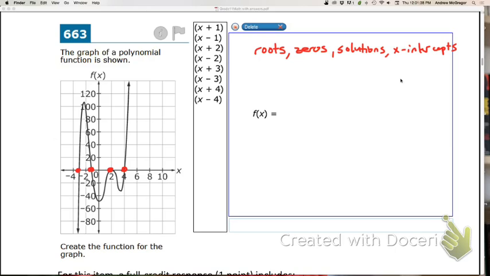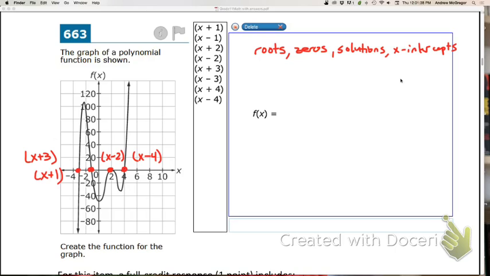Your x value here is 4. The only way to get 0 would be to do x minus 4. If you plug 4 in here, 4 minus 4 is 0. This would be x minus 2. 2 minus 2 is 0. What are the other 2? Find the other 2. x plus 3 and x plus 1.